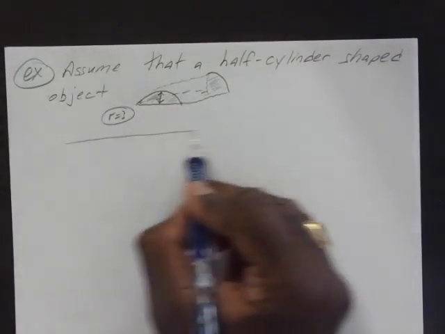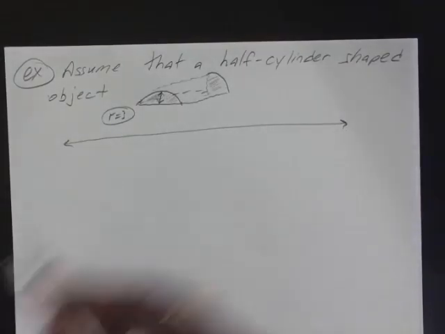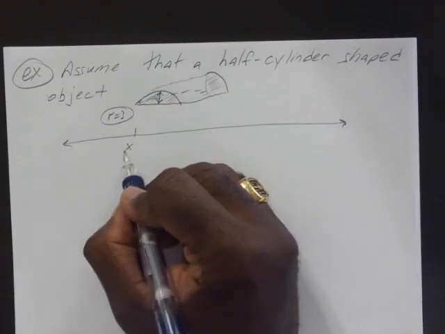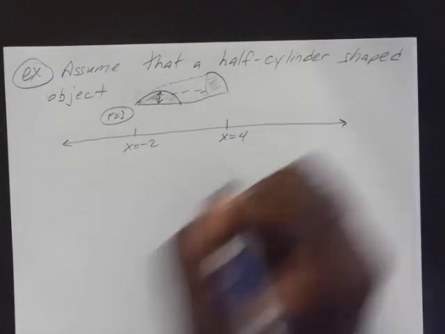And if we lined it up on a number line from x equals -2 to x equals 4.